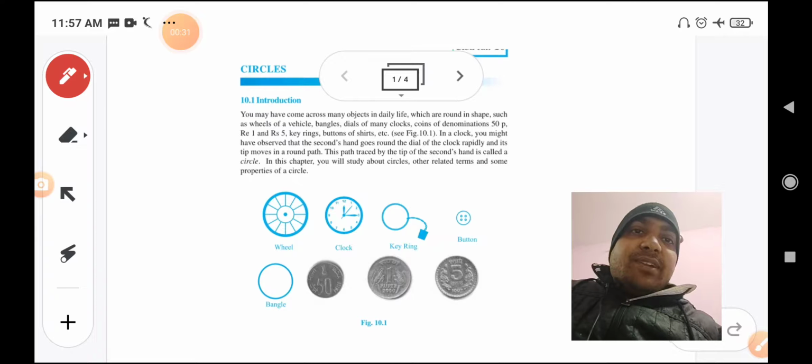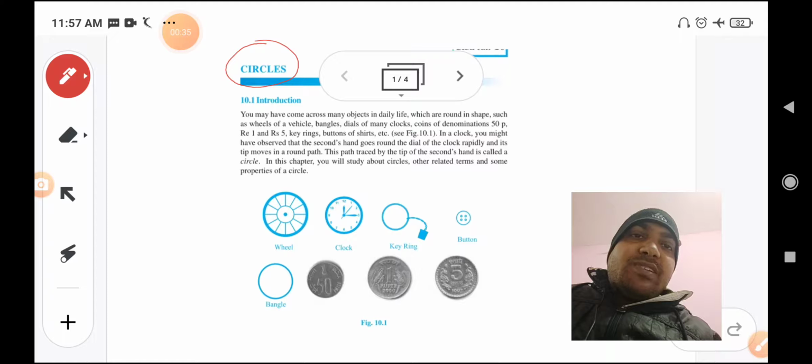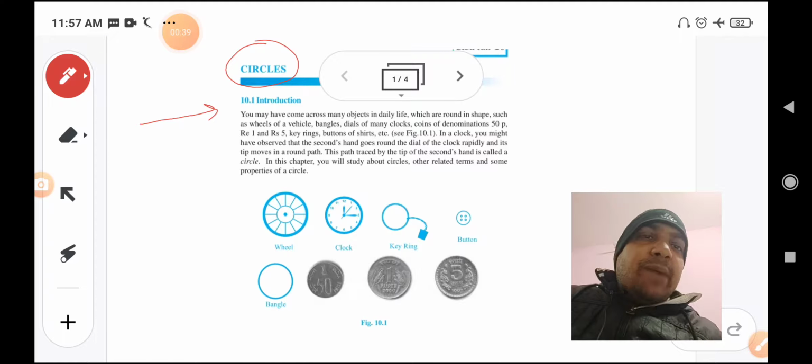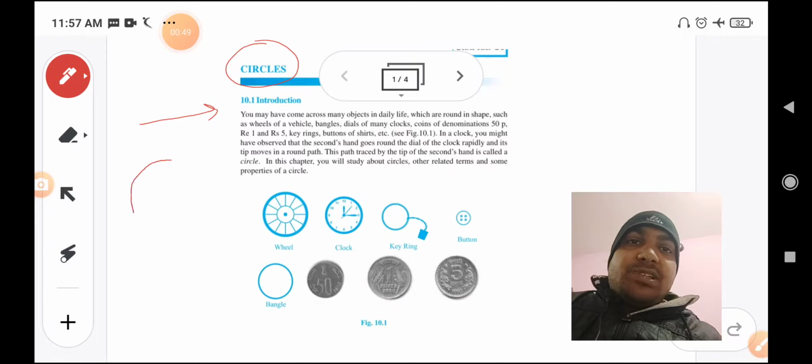So let's start with circles. I have written circles here, and we are starting with the introduction. You may have come across many objects in daily life which are round in shape, circular shape.